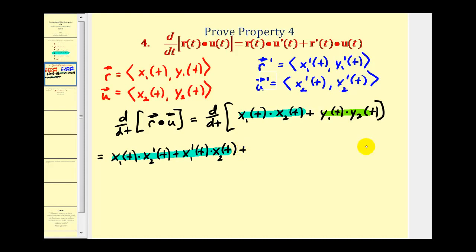So we're going to have plus the same product rule, so we'll have y sub 1 of t times y sub 2 prime of t plus y sub 1 prime of t times y sub 2 of t. Again, this is the derivative of the y part applying the product rule.